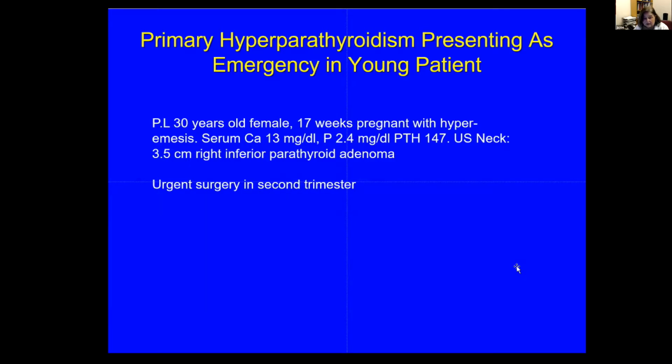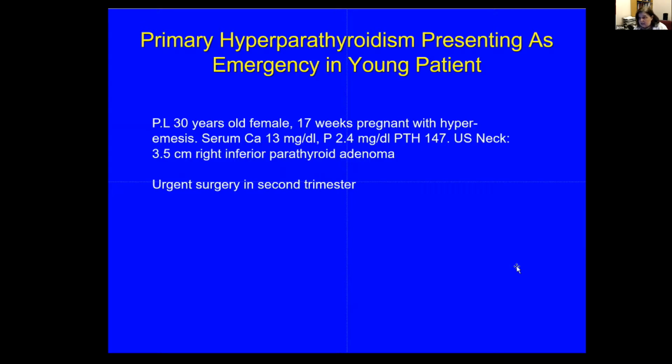I recall a young lady in the hospital, 30 years old, who presented in her second trimester of pregnancy with hyperemesis, and her serum calcium was 13, the phosphorus was 2.4, and the PTH was 147, and the neck ultrasound showed a 3.5 centimeter right inferior parathyroid adenoma, which was removed since she was in the second trimester, with urgent surgery.